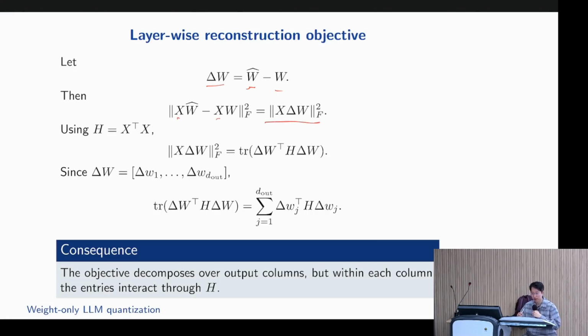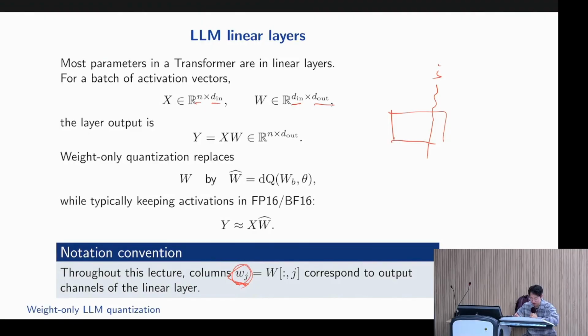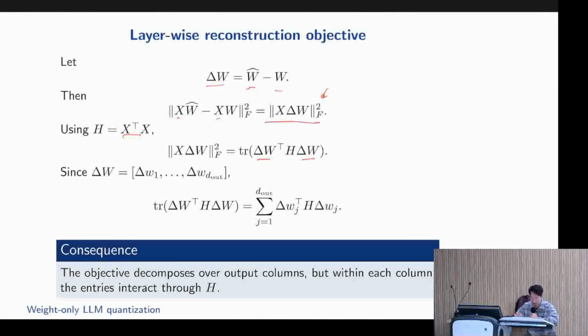That's going to be the Frobenius norm squared of x delta W. And unpacking this square, we have the trace of delta W transpose x transpose x delta W. So using this notation here, Wj is the jth column of W. We can write the same thing equivalently as a sum over output channels: delta Wj transpose H delta Wj, summed over all output channels j. So it decomposes over the output columns.